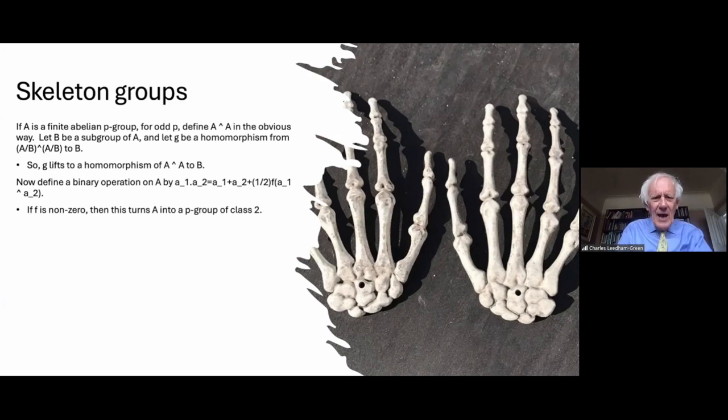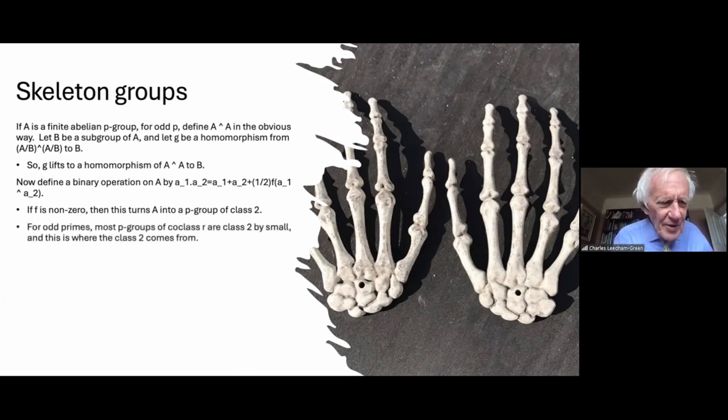Okay, so that wasn't very difficult. Now, for odd primes, most p groups of coclass r are class 2 by small. Okay, rather than abelian by small, they're class 2 by small. And this trivial construction that I've just described tells you where the class 2 comes from.